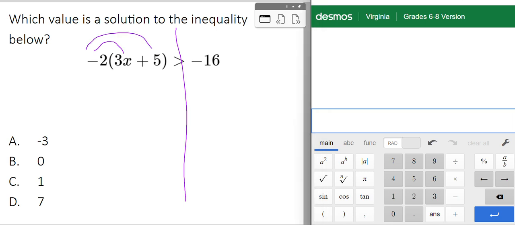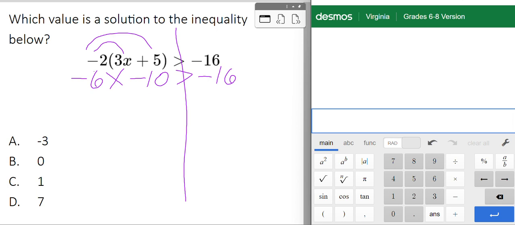So I'm going to come over here, negative 2 times 3x, but negative 2 times 3 is negative 6, and then my x comes down. Then I have to multiply that same negative 2 by 5. So negative 2 times 5 is negative 10 greater than negative 16.